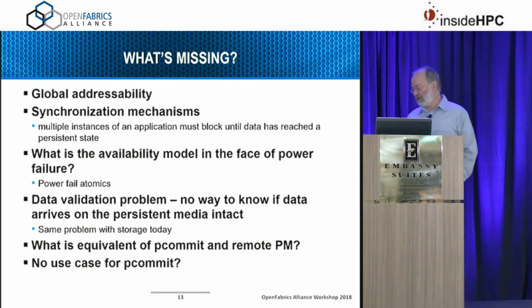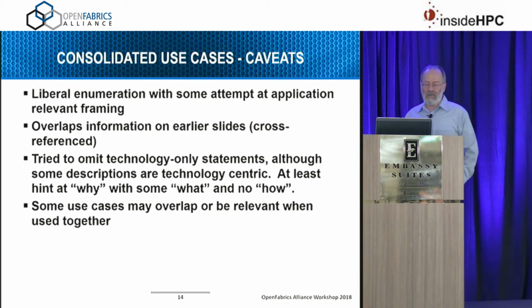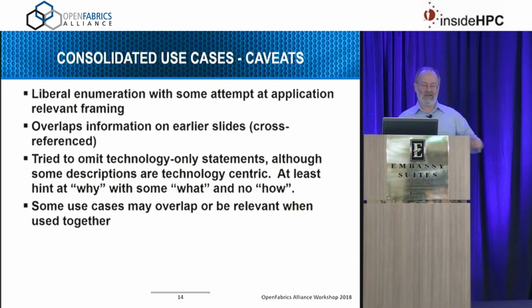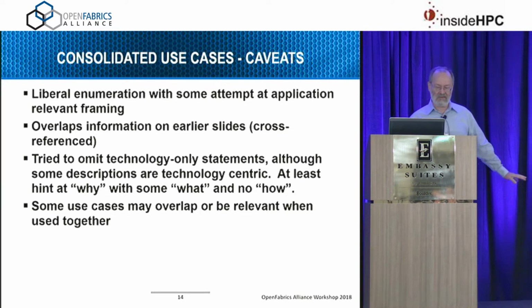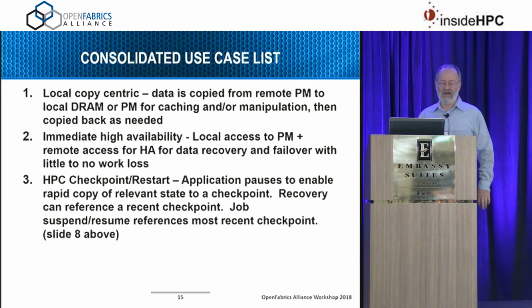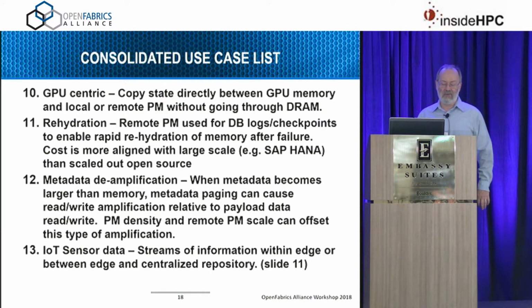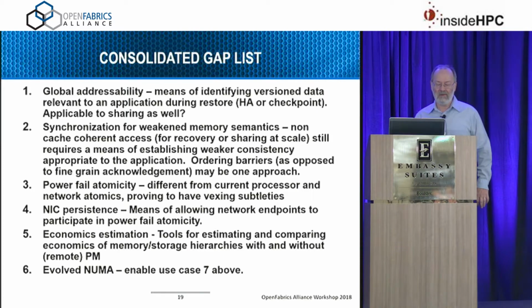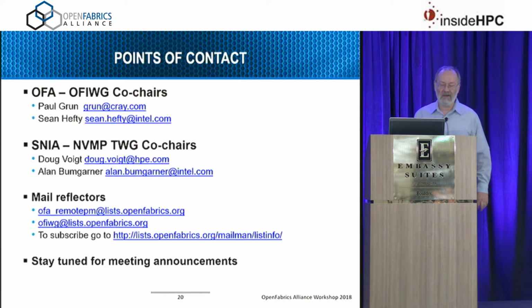It's at least one form of that list. So here's where we put together a longer list of use cases, and I'm going to skip over that because I've highlighted 4 of the ones that were most interesting to the group. And here's another version of the gaps list that has a few additional things on it.